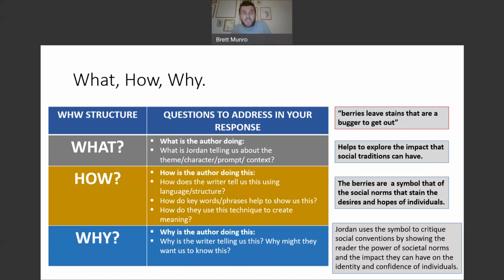And when you do your explain, you really have to do the what and the how. You really have to explain what the evidence is saying. And you really should be explaining how the author is doing that or how the evidence is doing that. Now, the why is just taking it to that next level.